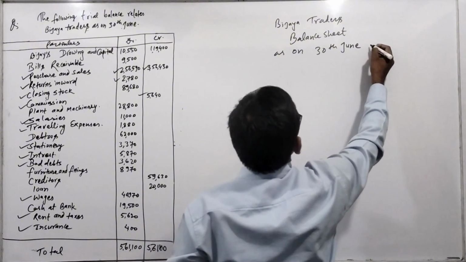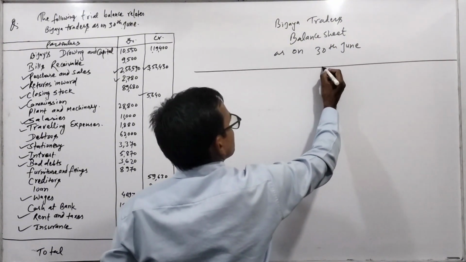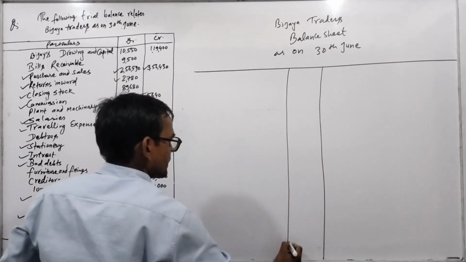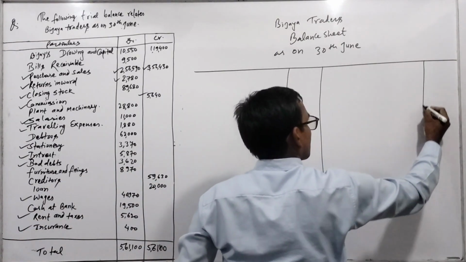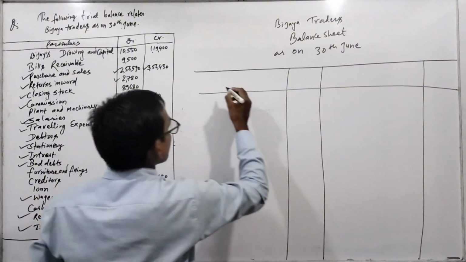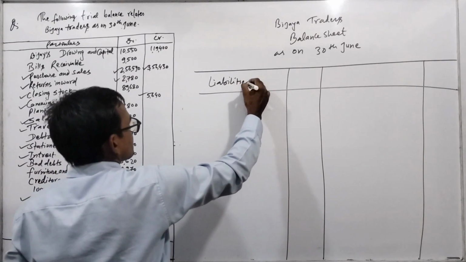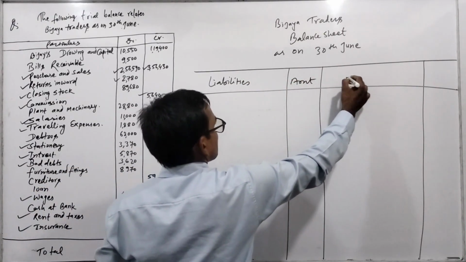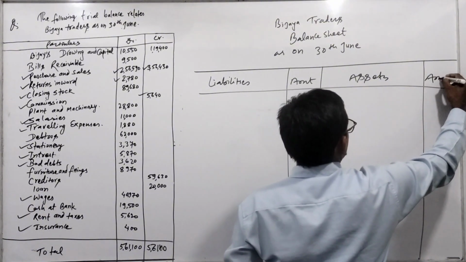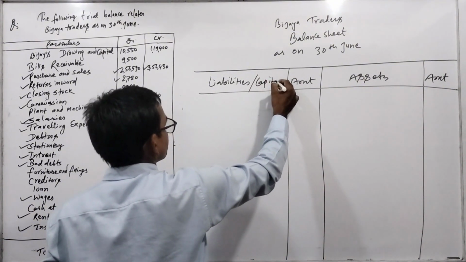The year is not given, so you don't write it. In the balance sheet there is no debit side and credit side, but there is a liability side and an asset side. So here you have to write liabilities, amount, and here assets, amount. In liabilities you can write capital also.